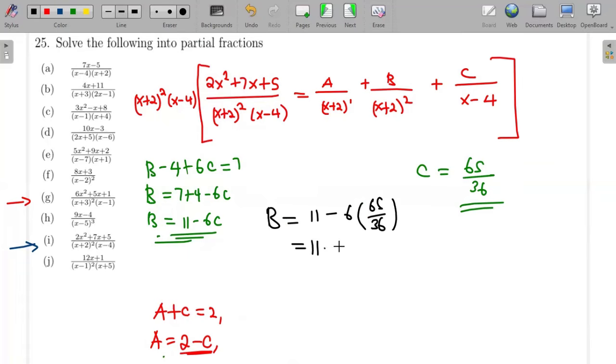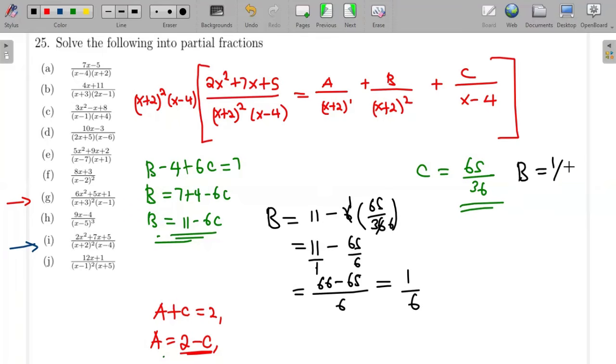I cancel out some things here: 6 there, 6 there. So that gives me 65 over 6. So this will be 6 times 11, 66, minus 65. So b is going to be 1 over 6. Okay, so b is 1 over 6.